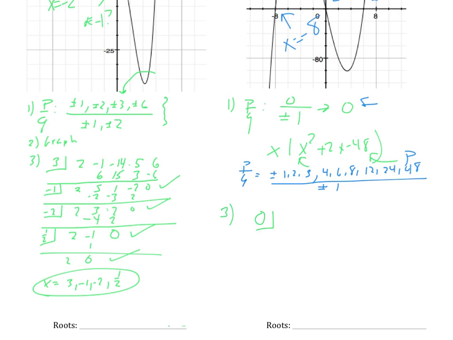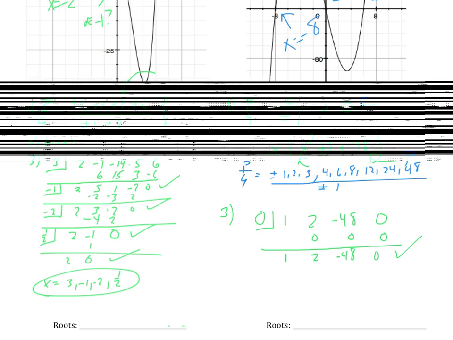And the coefficients were 1, 2, negative 48, and 0. Don't forget about that 0 in the end. It really is a constant, and it's part of the coefficients. Drop 1 down. 1 times 0 is 0. 2. Negative 48, and negative 48 times 0 is 0. It checks out. No surprise there.